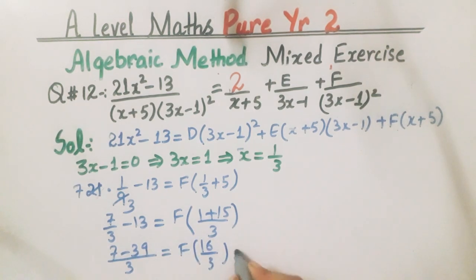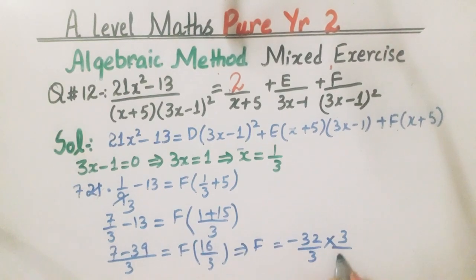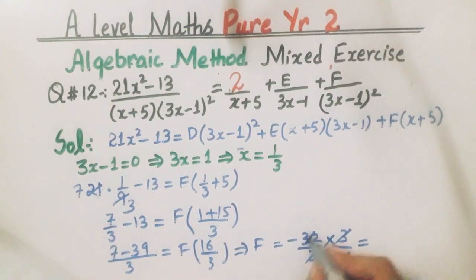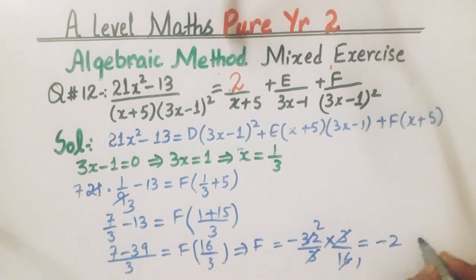So we will get f equals minus 32 over 3 multiplied by 3 divided by 16, which implies that this will be equal to minus 2. So f is minus 2. Now substitute this value here.